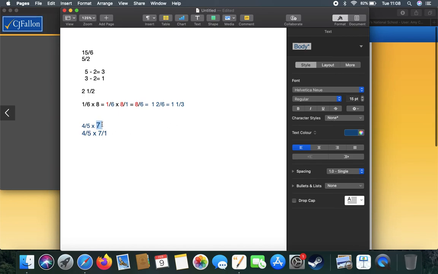That's how you change the whole number into a fraction. And then you multiply top by top for the top answer, bottom by bottom for the bottom answer. And you may have to then change from an improper to a mixed fraction and simplify that mixed fraction.